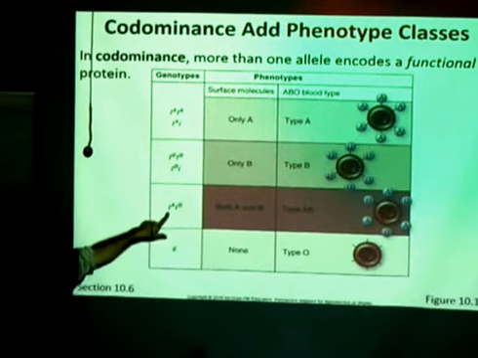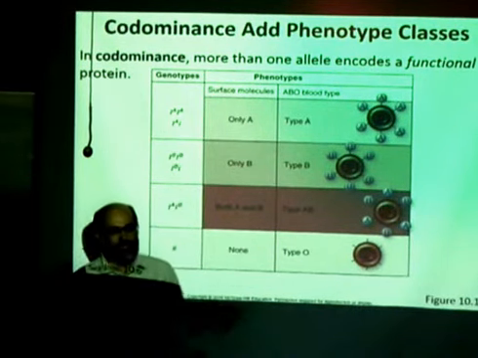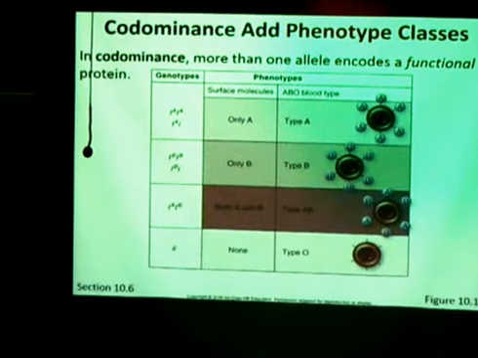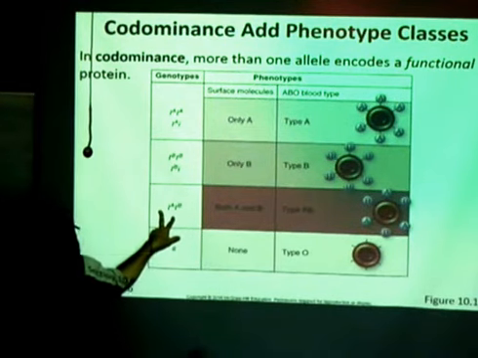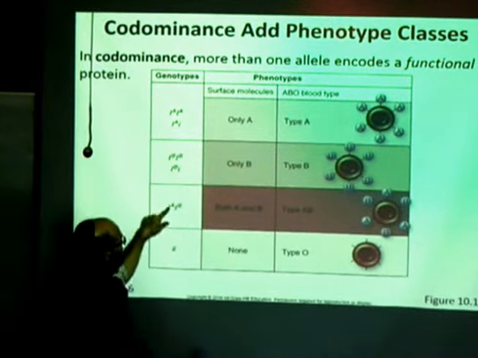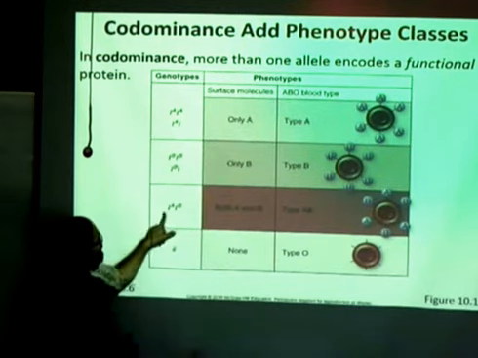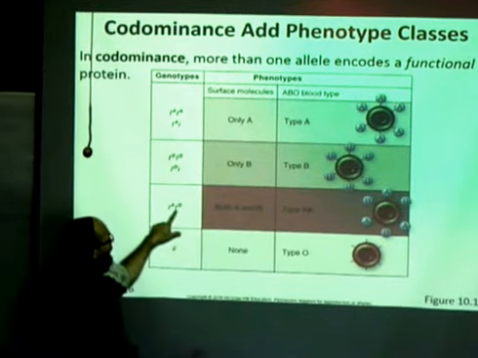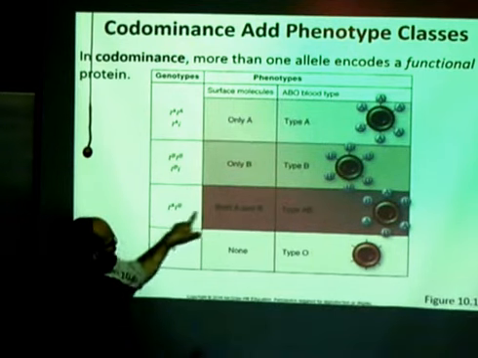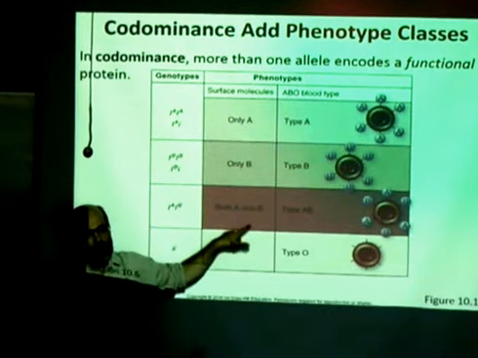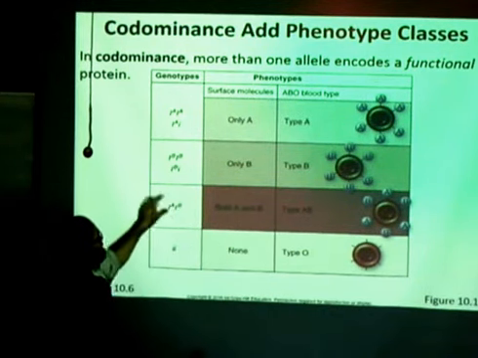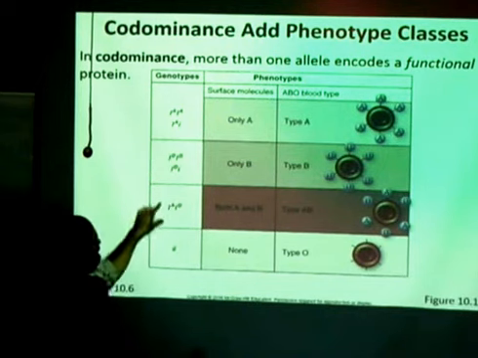The people who are type AB actually have both of them, so this is a combination of both. Earlier we learned that only one allele is expressed, the dominant allele. But in this case, both alleles are expressed at the same time. These people are not type A, because if A was dominant, they would be type A. And they are not type B, because if B was dominant, they would be type B. They are a different type of blood, because they have a combination of both together.